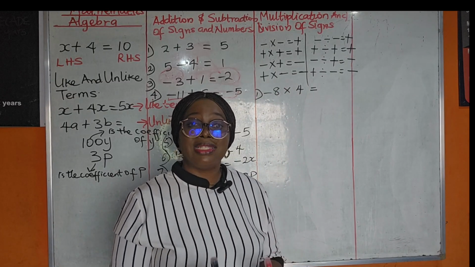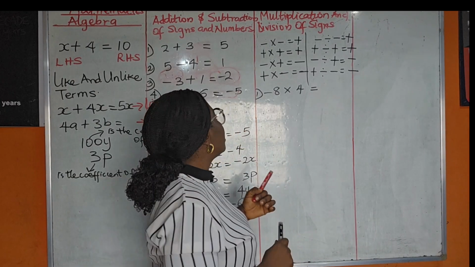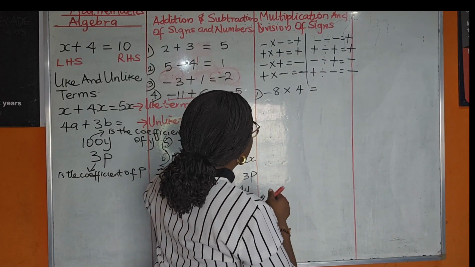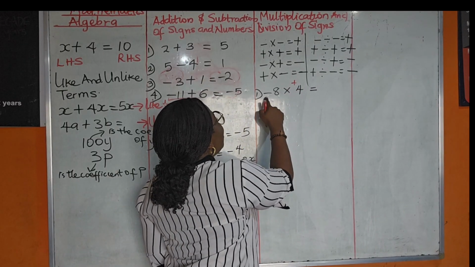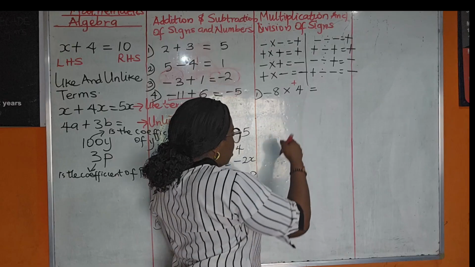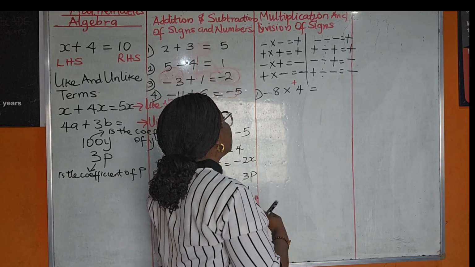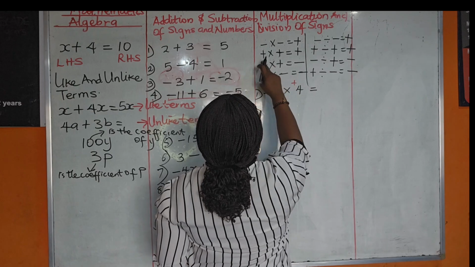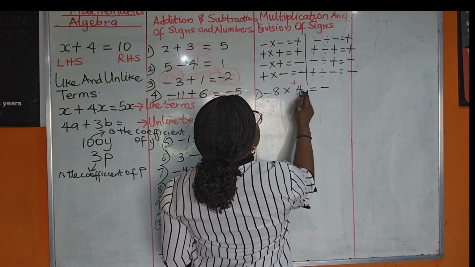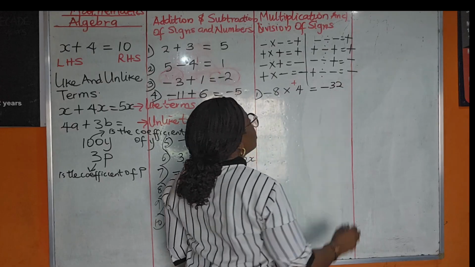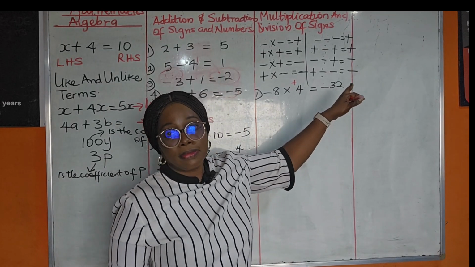Every whole number standing on its own carries an invisible plus sign. So minus 8 times plus 4. First of all, you multiply the signs, then you multiply the numbers. Minus times plus is minus, and then 8 times 4 is 32. So that gives us minus 32 as our answer.